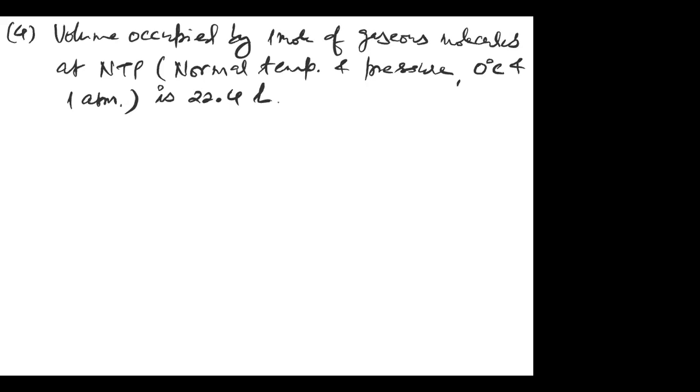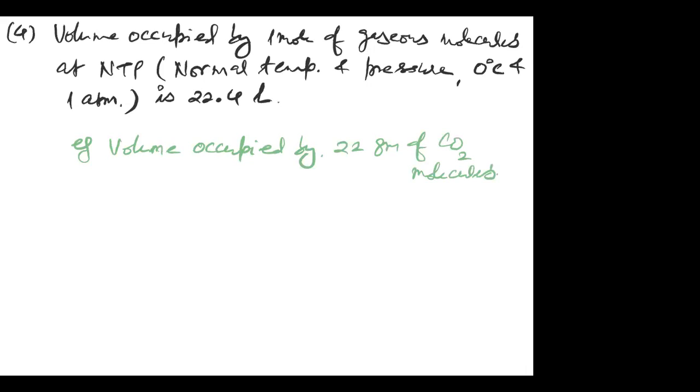For example, let's say the volume occupied by 22 gram of CO2, obviously gaseous molecules. So first you have to find out how many moles of CO2 molecules are present in 22 gram.